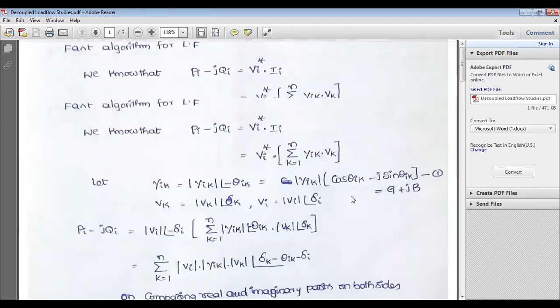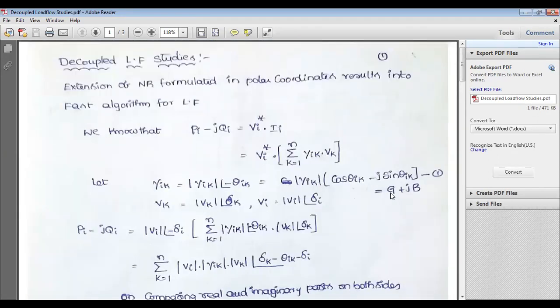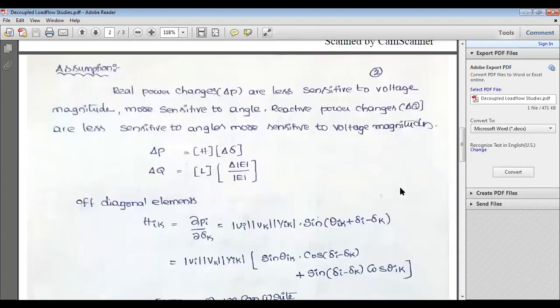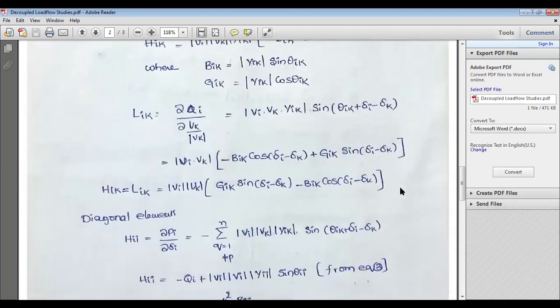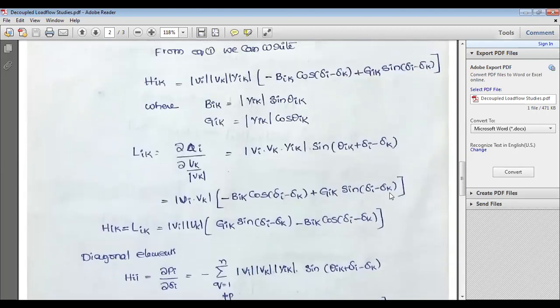Now please see here. g is equal to yik multiplied by cos theta ik and j multiplied by yik into sin theta ik. So everything has already been clearly seen. Now bik is equal to this one and gik is equal to this. When we compare this one with the previous case, that is the only thing you need to remember, please.